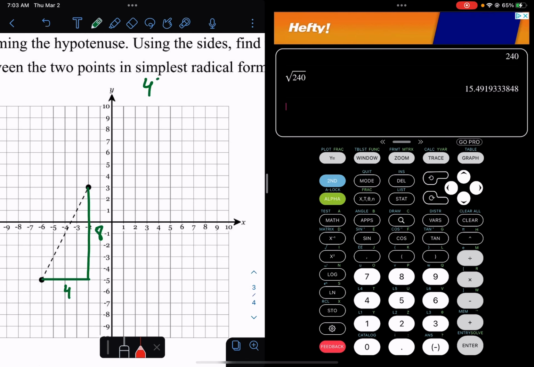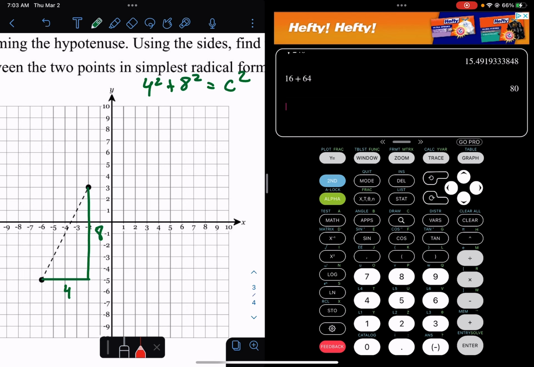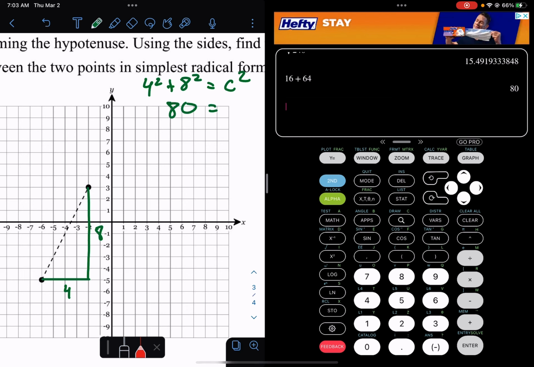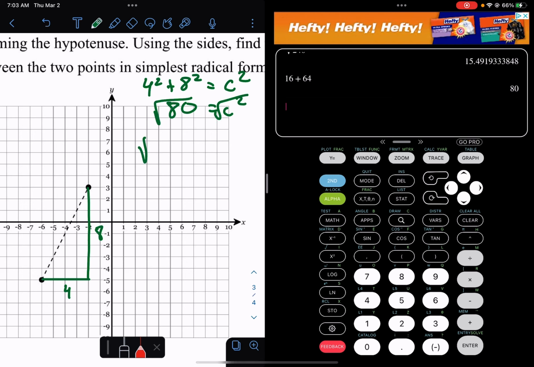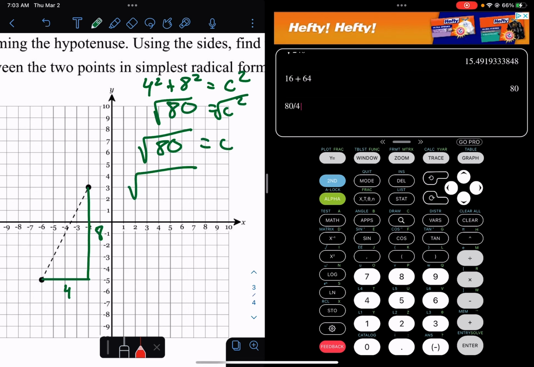So we're going to do 4 squared plus 8 squared equals c squared. So that's going to be 16 plus 64, and we get 80. Now in this case, they want it in simplest radical form, so we have to make sure that we simplify the radical here. So the square root of 80, we should break down, let's see, definitely a 4 would go in there.